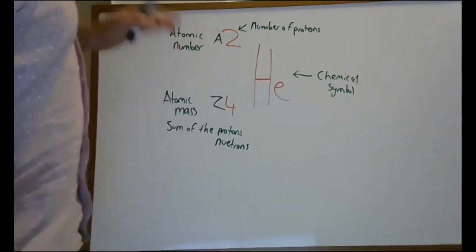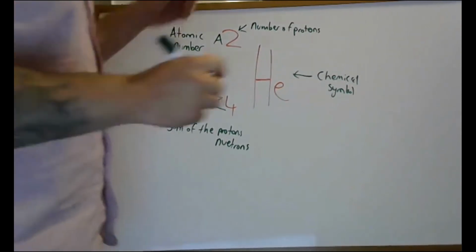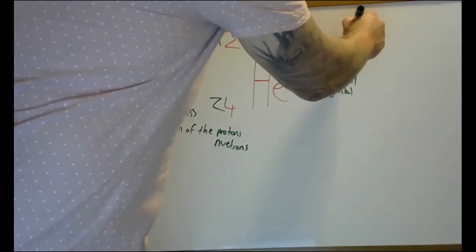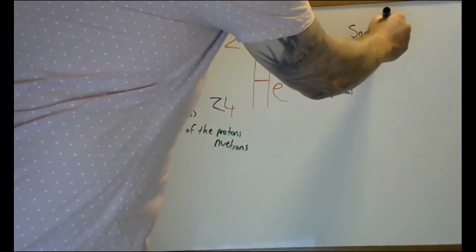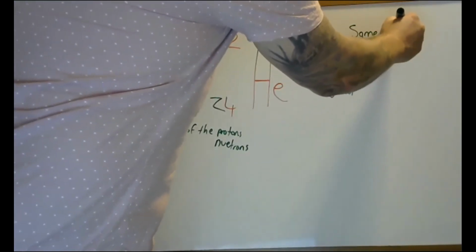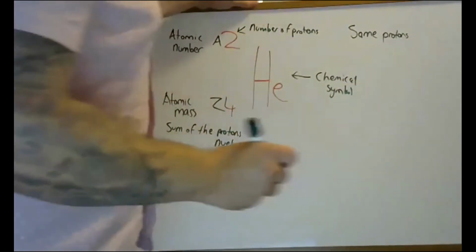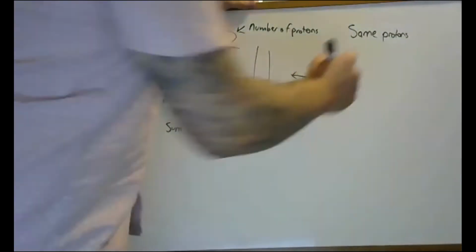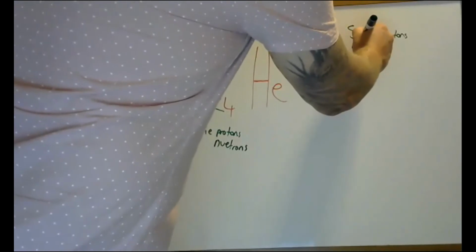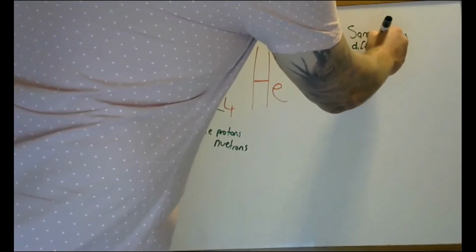So the isotopes have the same protons, but they have a different number of neutrons.